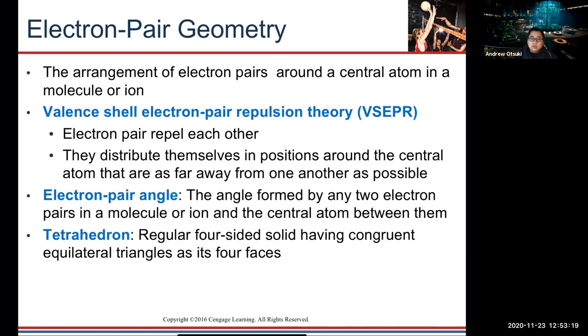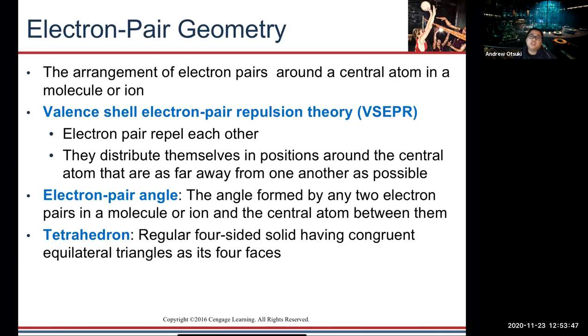It's the angle formed by those and the central atom, so the central atom is always part of that angle. It could be two bonding pairs, or a lone pair and a bonding pair interacting. We'll talk about what those angles look like next time, after we get back from the break.